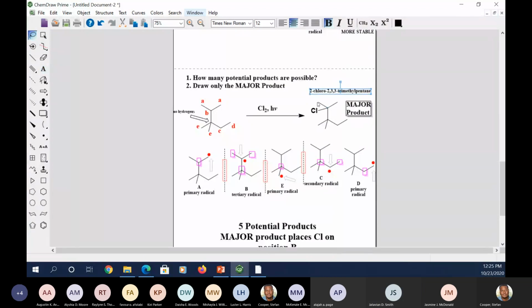It also has a methyl, and carbon 3 has these 2 methyls here. So it's 1, 2, 3, 4, 5. So it's 2-chloro-2,3,3-trimethylpentane.